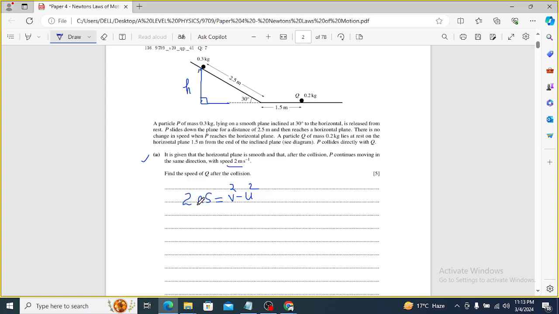So v squared as it is, but u is 0, so u squared is 0.